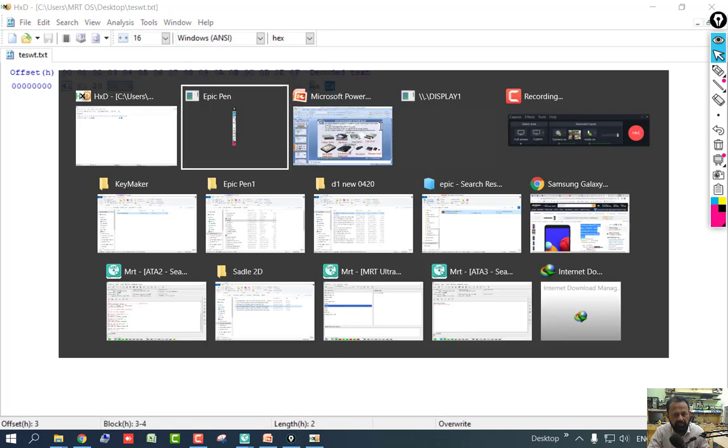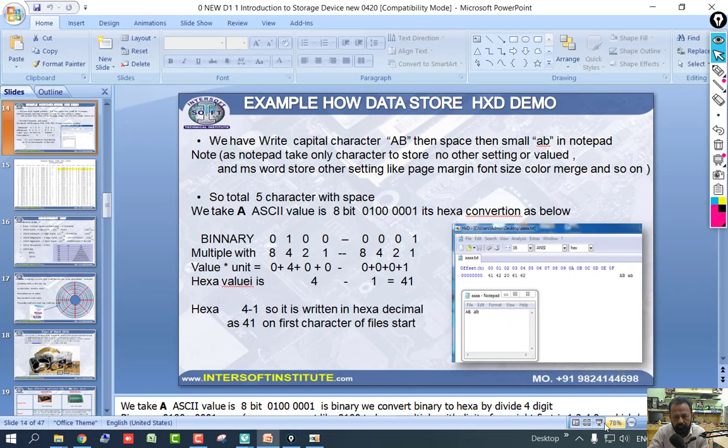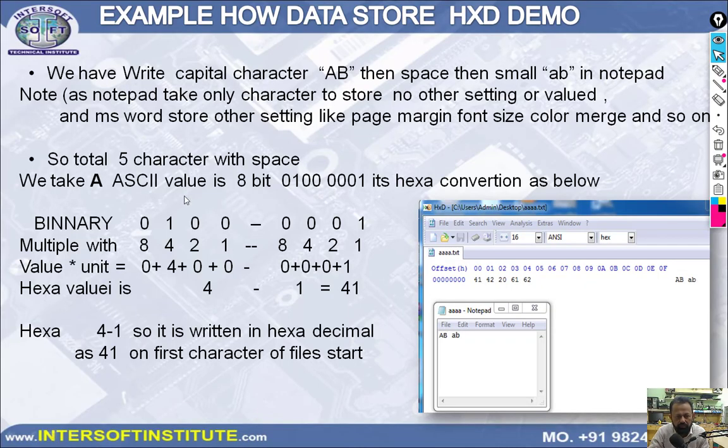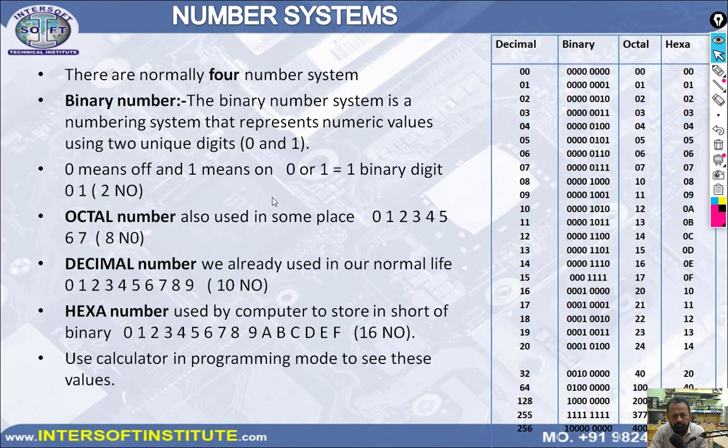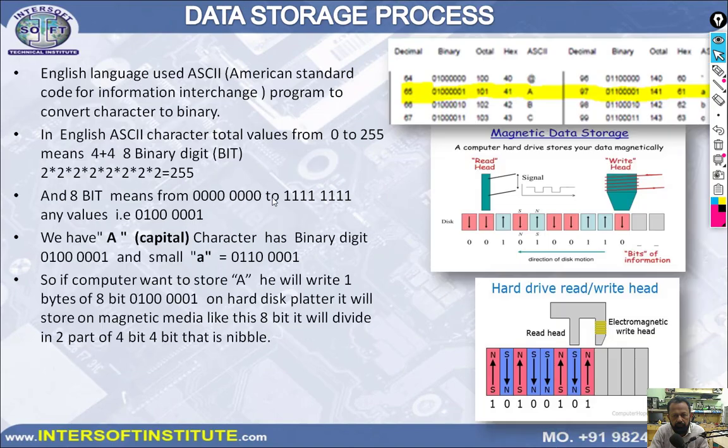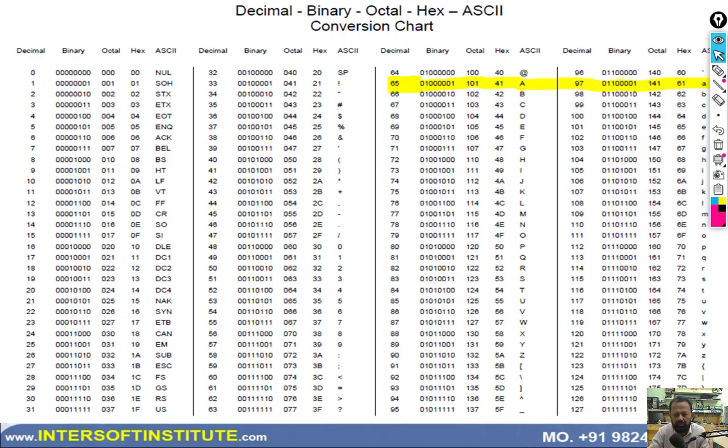The same thing we will see in PowerPoint. Here also you can see for capital Z it is 5A, and small z is 7A.